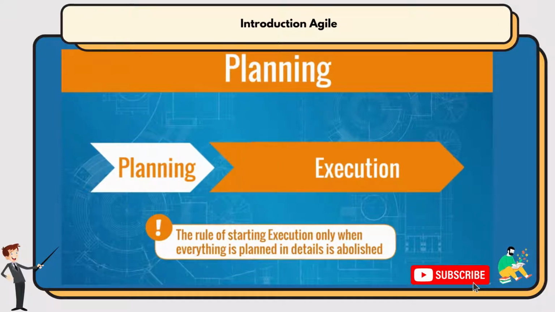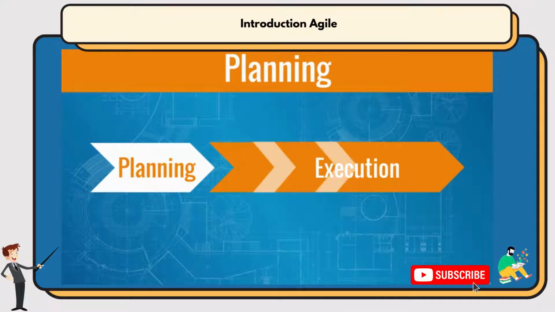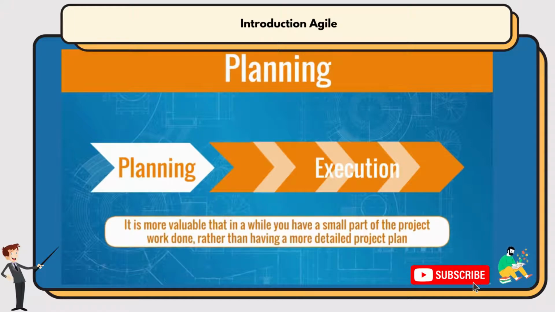It is accepted that the initial plan does not cover all the details and that further planning is performed later, during the execution. It is more valuable that in a short while you have a small part of the project work done rather than having a more detailed project plan. Note, we are not saying you shouldn't plan. Planning is still so important for a successful project management.